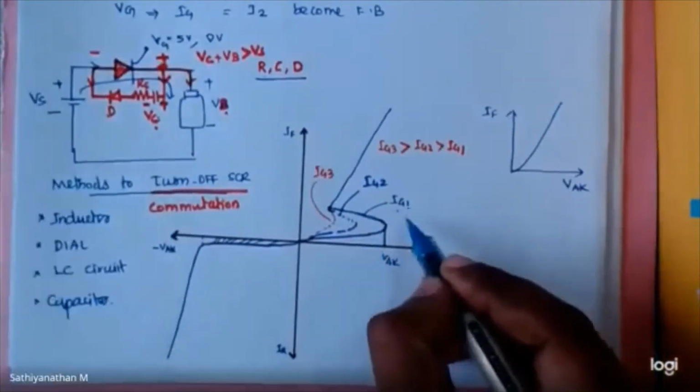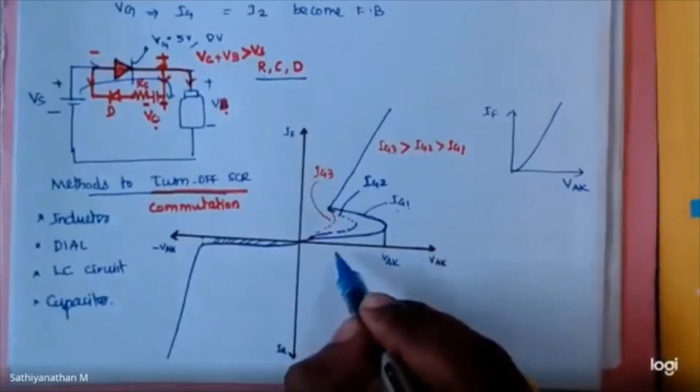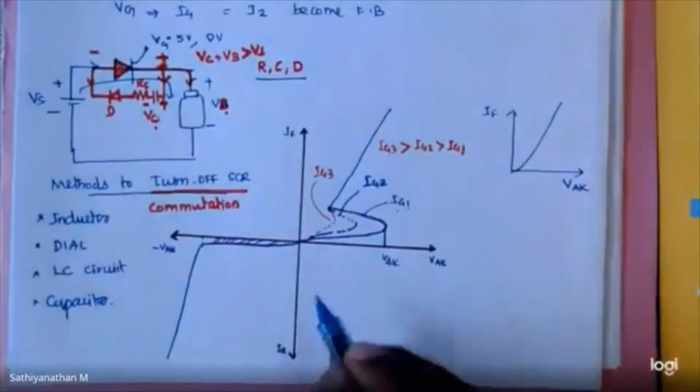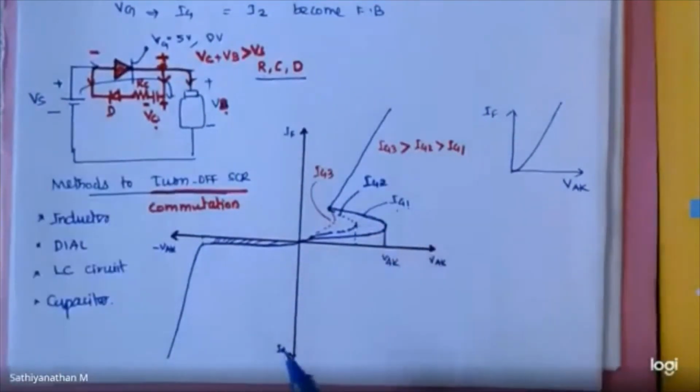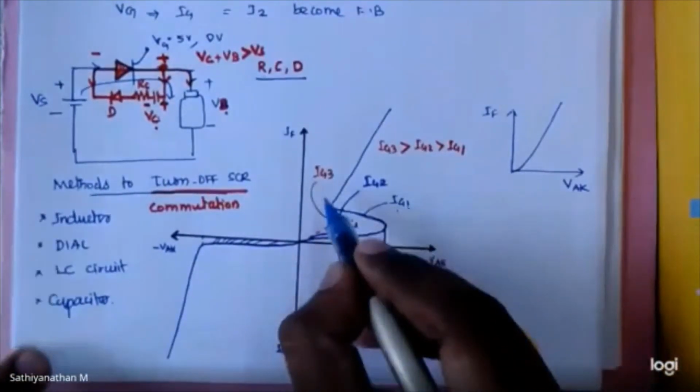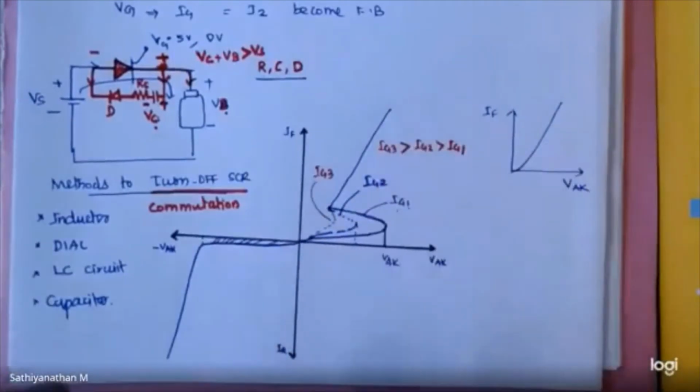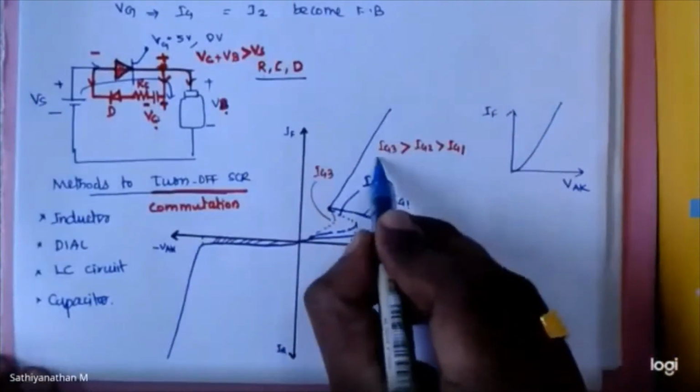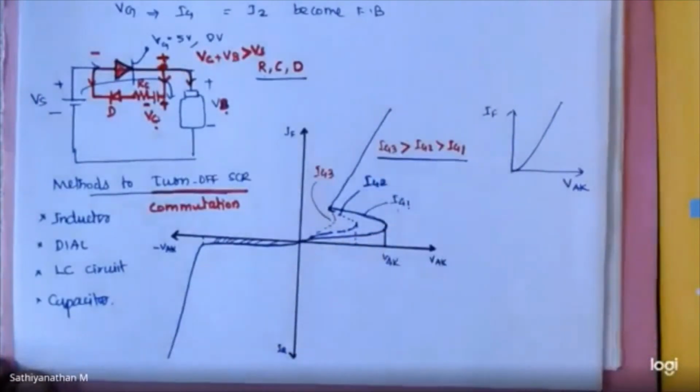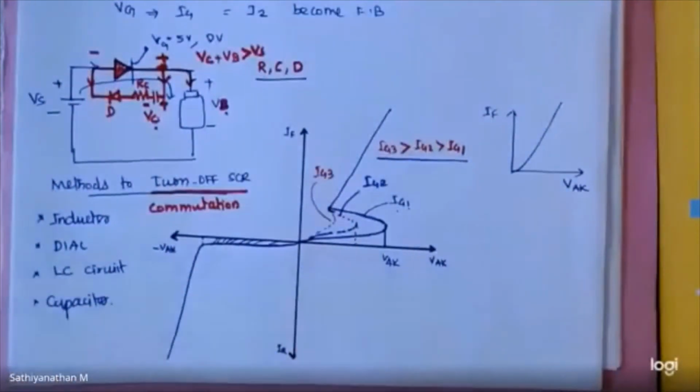So IG1 is one gate current, and if you increase it further to IG2, the turn on process may happen at a faster rate. Similarly, IG3 goes on at a higher rate. So here the IG decides the turn on time period of the device.